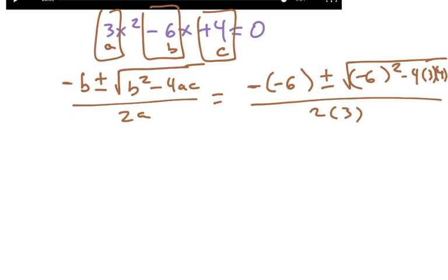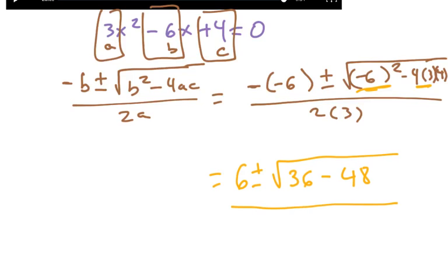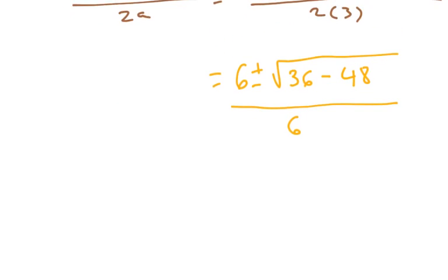So, breaking this down, we're going to get 6 plus or minus square root. Let's see what happens here. This is 36. This is going to be 12 times 4, which is 48. I thought it was 12 times 3 for a second there. I was like, that doesn't make sense. And I get 6. Let's keep going.